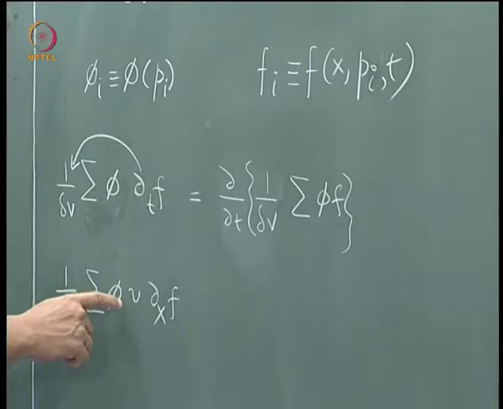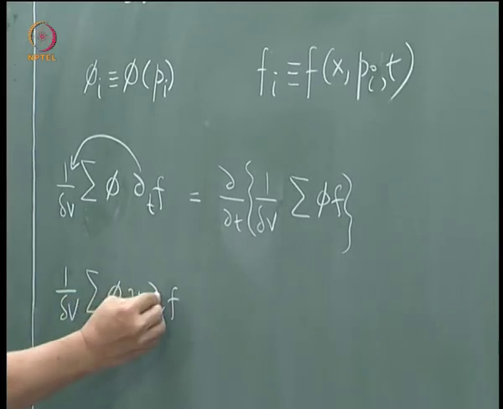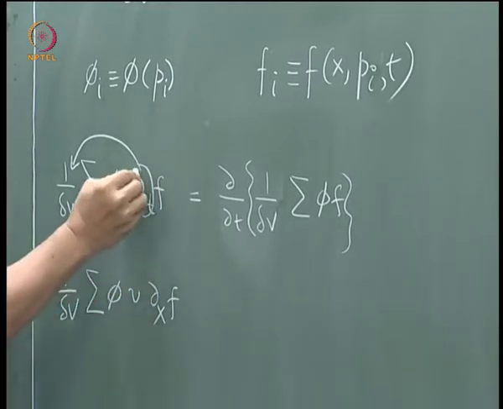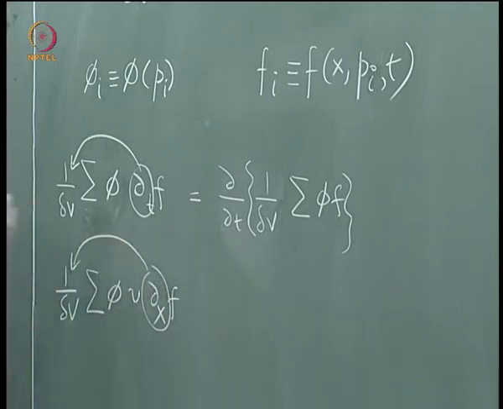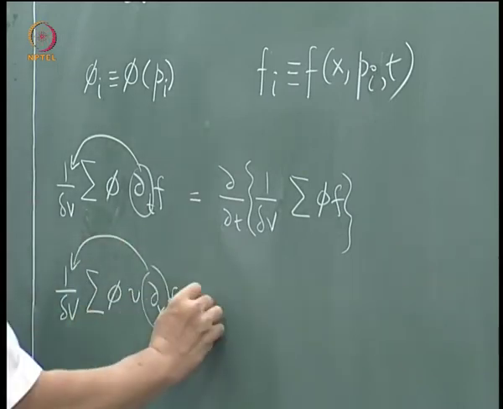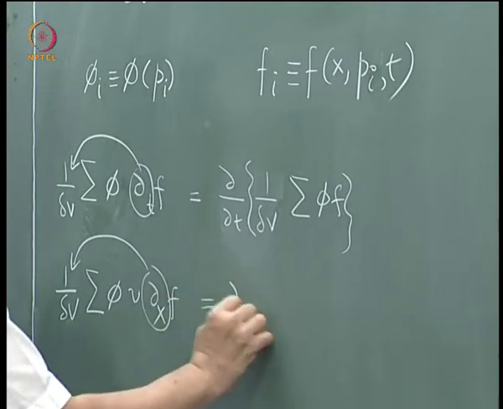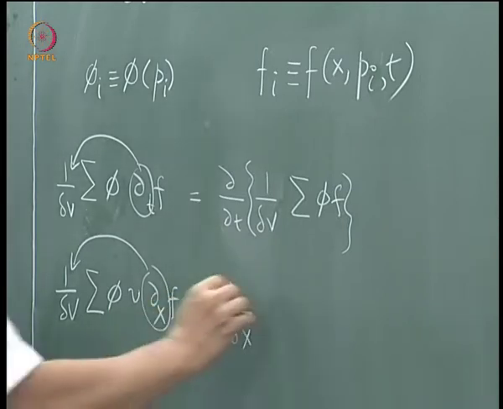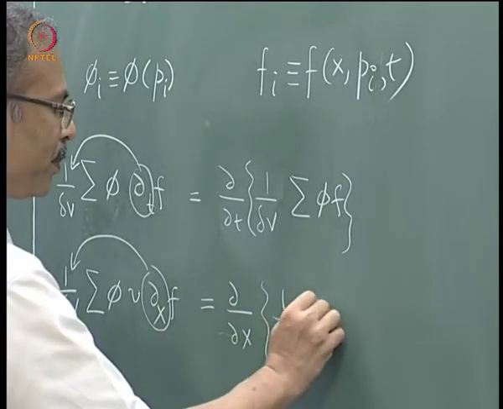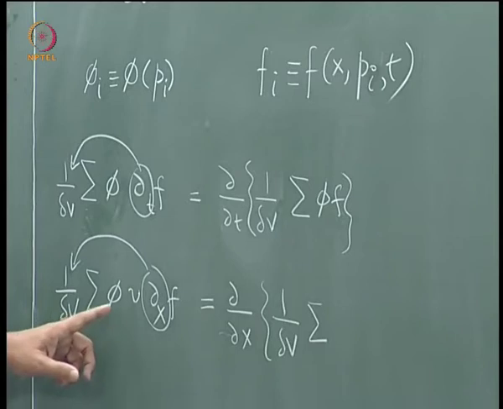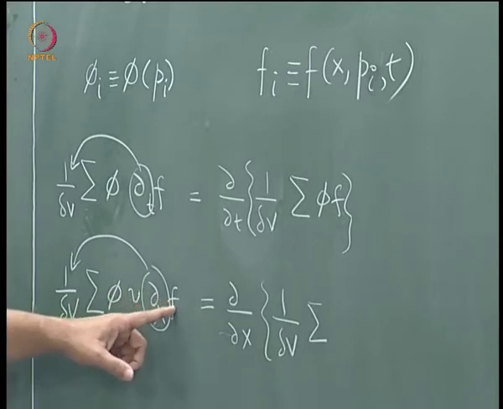Phi is a function of p, not a function of x. So I can shift, like I shifted dou by dou t here, I can shift dou by dou x out here, and my result will be dou by dou x of 1 by delta v into f v phi.